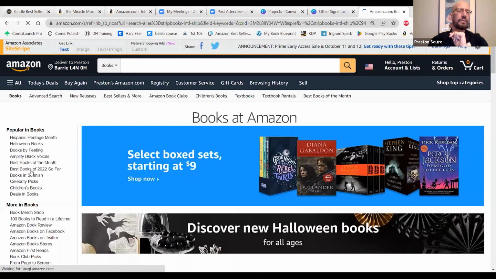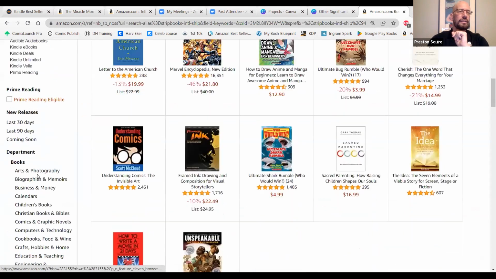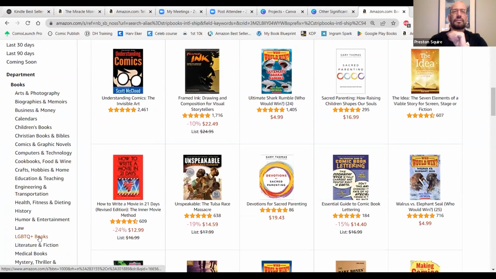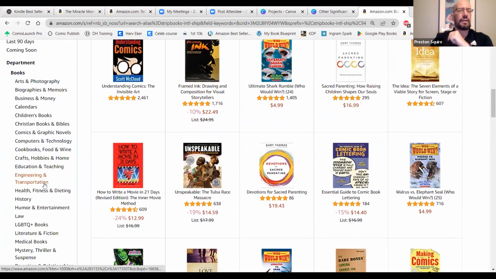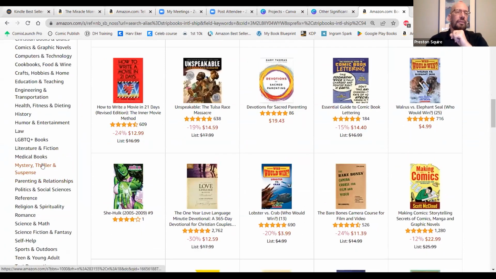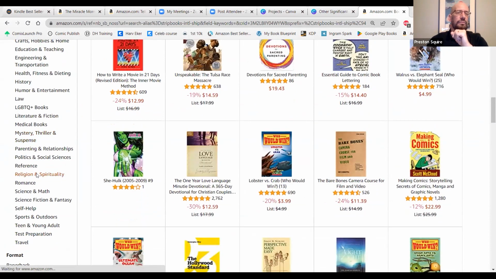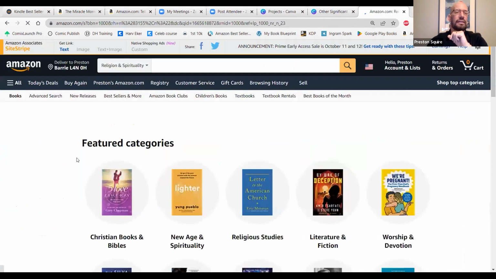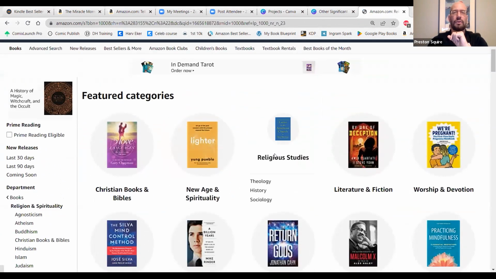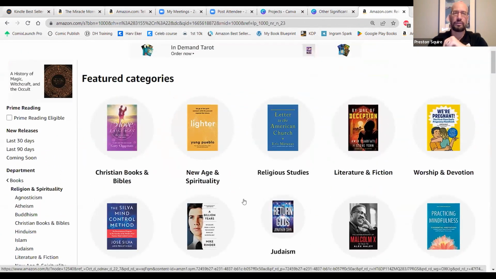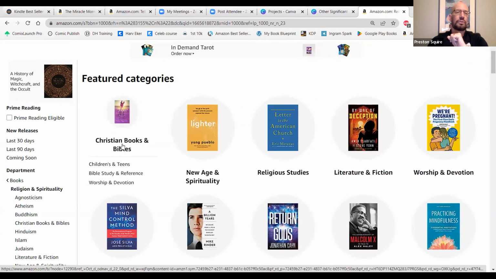And if you go here, you will see all these categories for different types of books. So let's say we're looking for religious books. So here's all the subcategories now for religious books. So we're going to do Christian books.